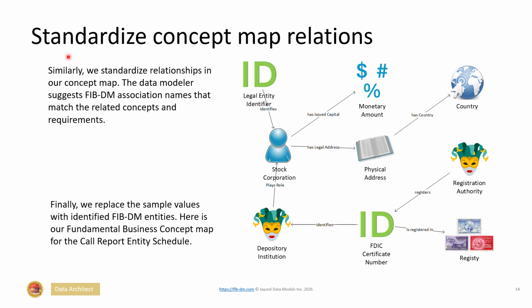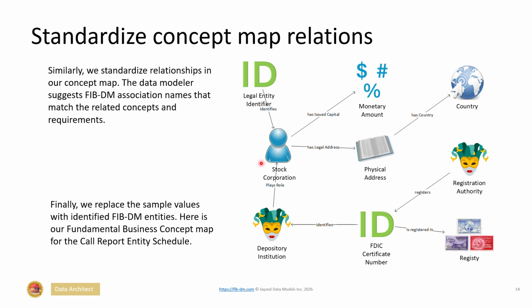Yeah, and then in the next step, we standardize the concept map relations. So here the data modeler suggests FIB-DM associative entities that match related concepts and requirements. Now we looked at this already, no? So if we look at the FDIC certificate number, we find associations like registers, identifies.